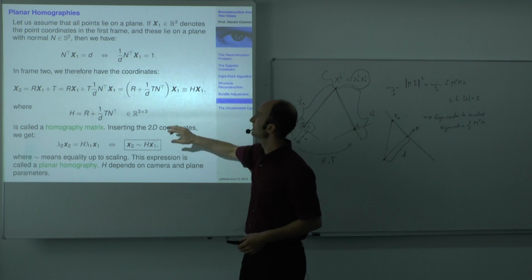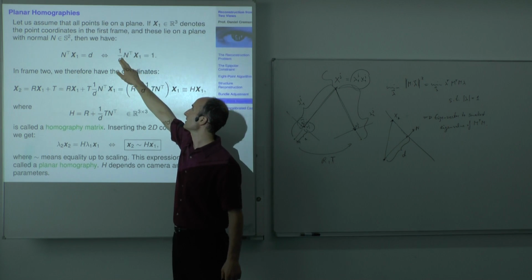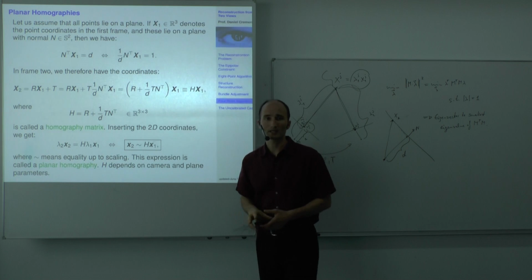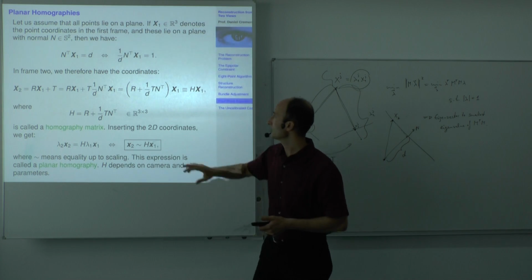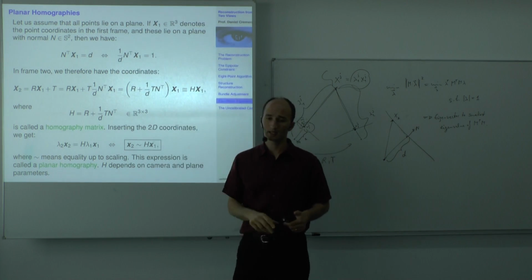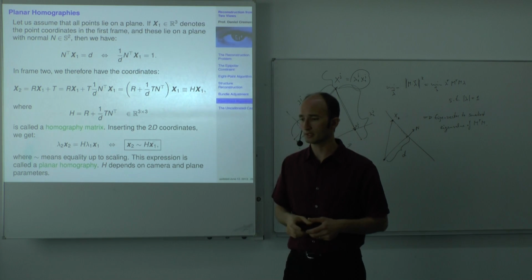If I rewrite that, I just divide by d, then I can say 1 over d n transpose x1 is 1. So for any point on the plane, this equality holds.